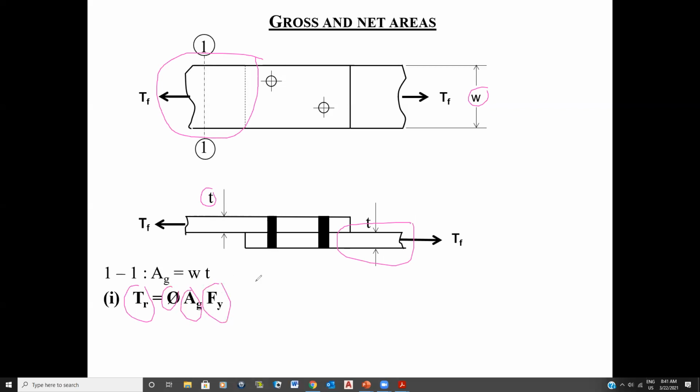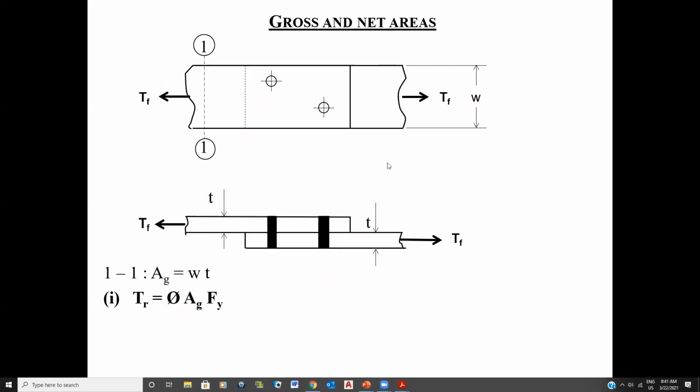So once I know my phi value, and of course for plates we'll be taking 300 MPa for phi, and I know my AG value, I can calculate what will be the tensile resistance that this cross section will be able to provide for me.